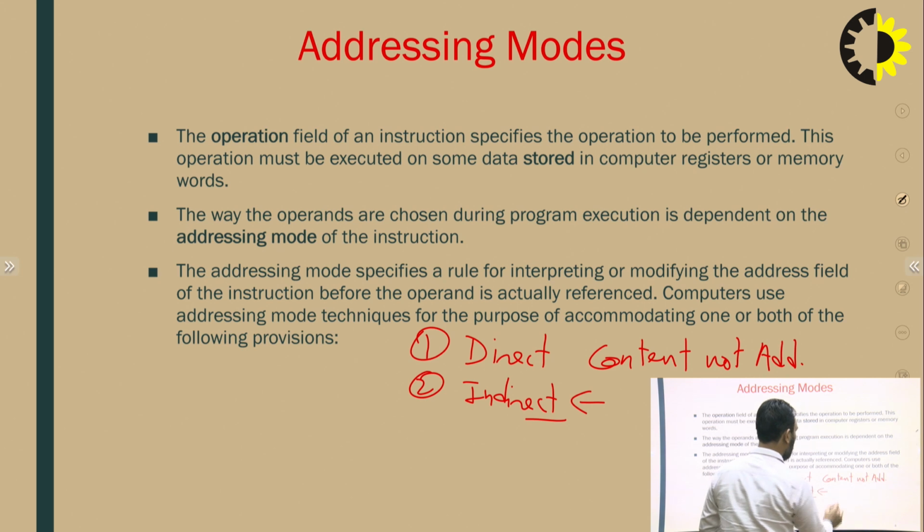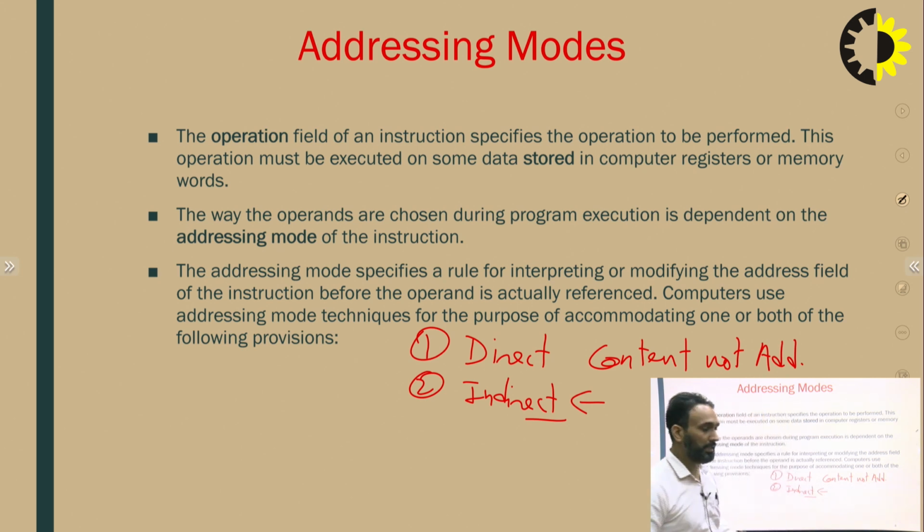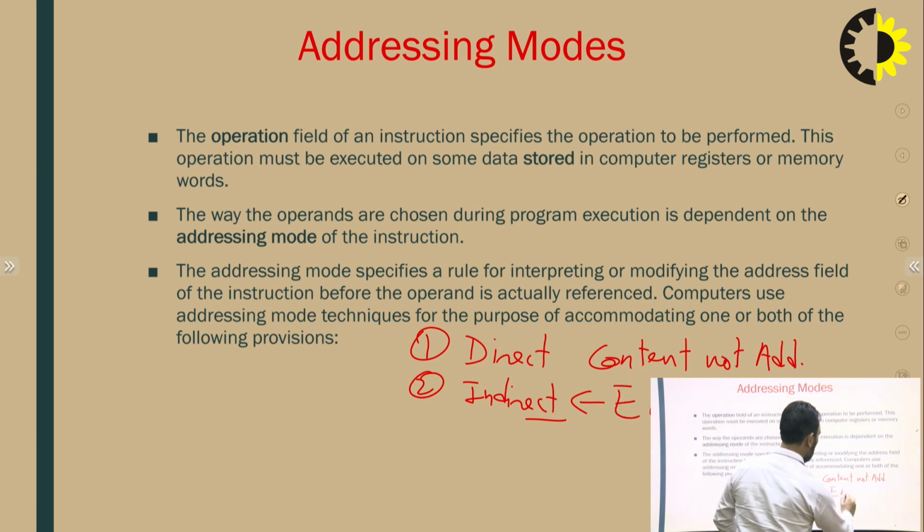In indirect addressing mode, we use a simple mathematical calculation to find out the effective address of the content where it is stored. So in this method, the effective address is found using a simple calculation.